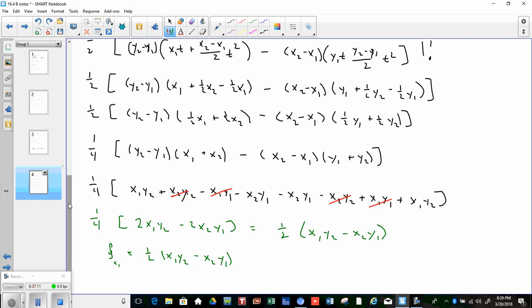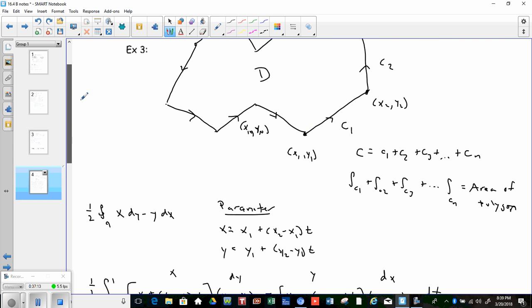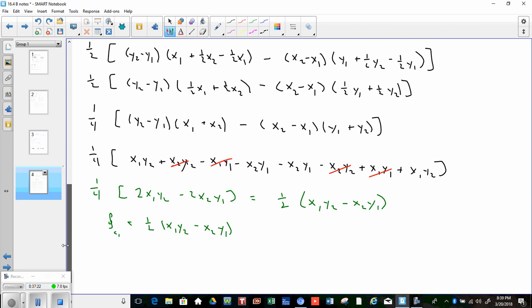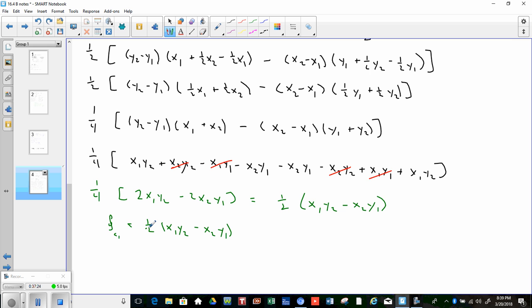So if we actually knew what the values of these points are, I don't even need to do an integral at all. According to this, the integral over C1 of that one line segment is just going to be 1/2 x1 y2 minus x2 y1.